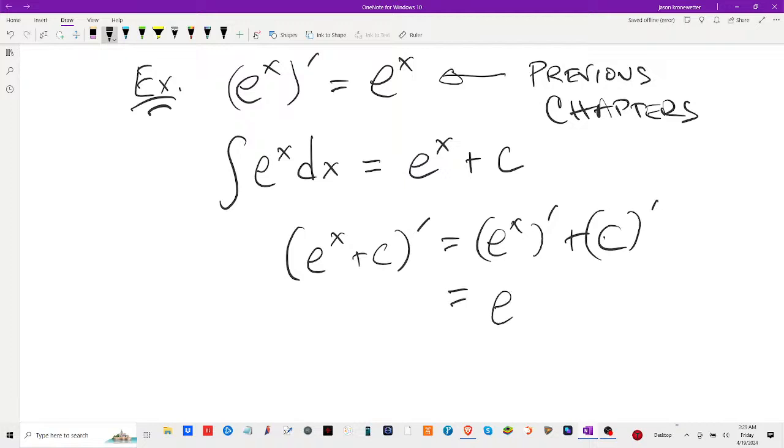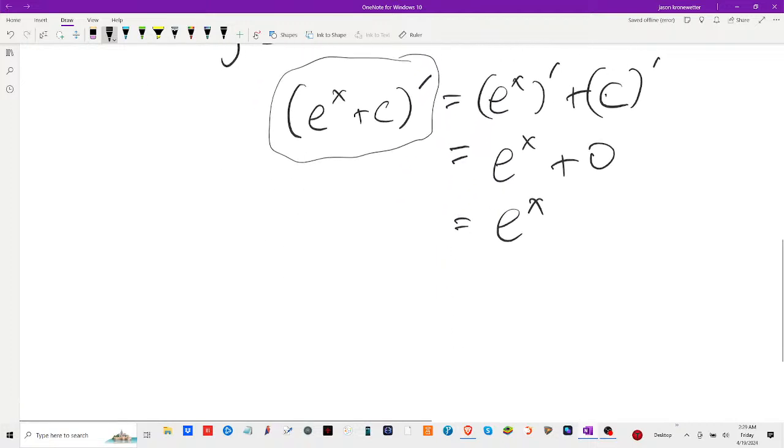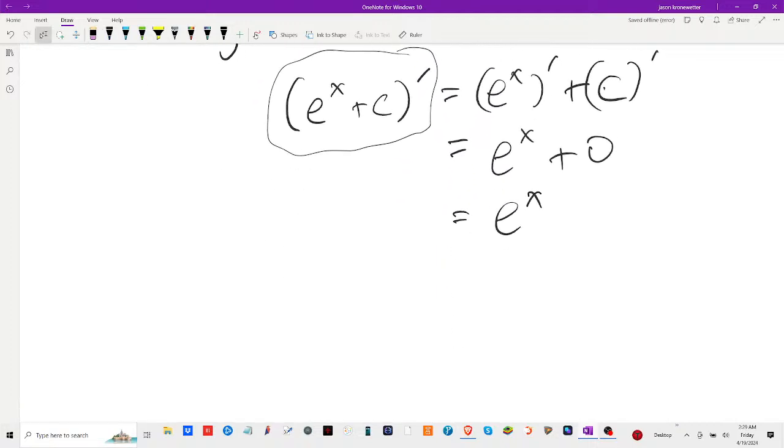This part is e to the x, and this part is 0, so I get back to e to the x. So this right here is the most general antiderivative for e to the x. Okay, so now we're going to build on that. Hopefully that was straightforward, because that's why we're using e to the x in the first place.